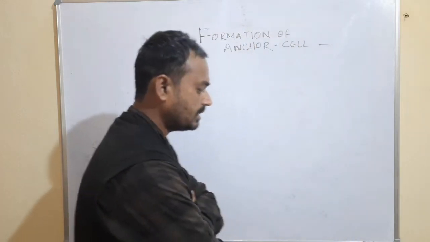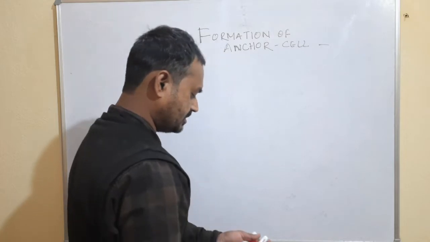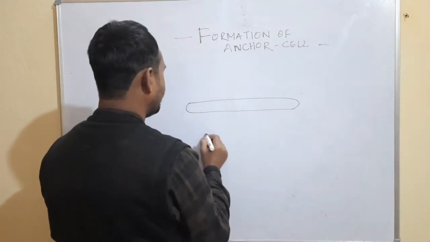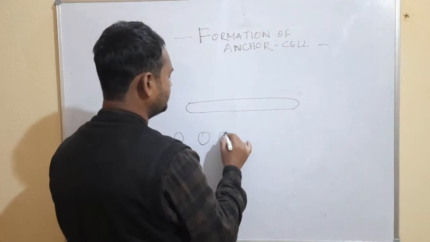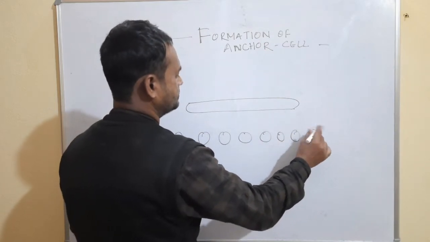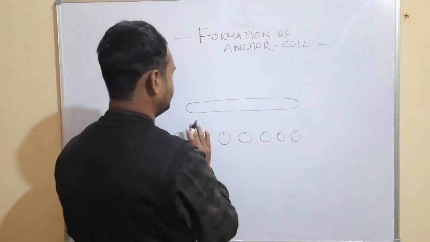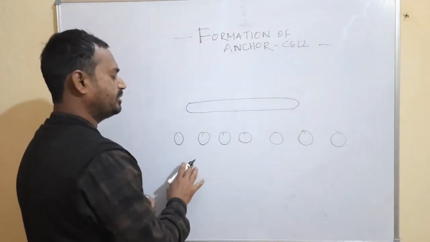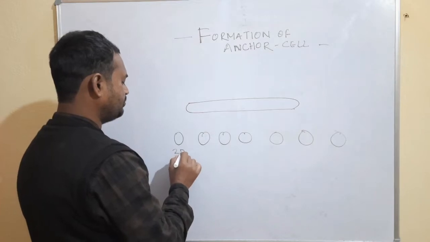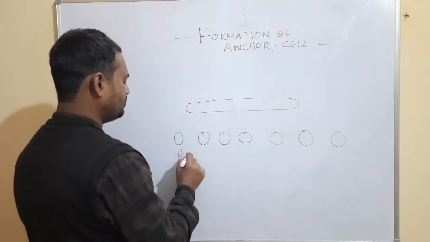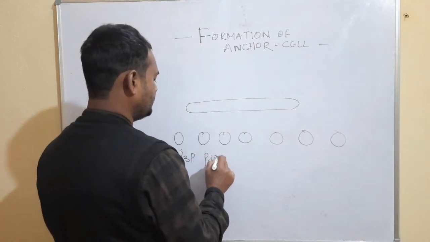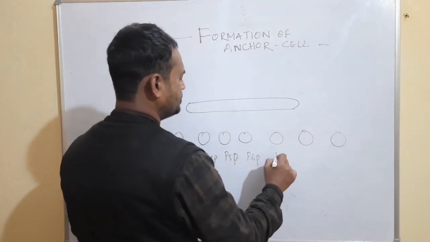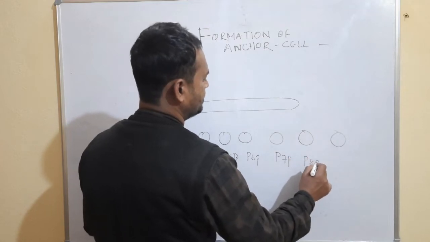In the gonad region there was an anchor cell, and below this there were 6 vulva precursor cells: P3.p, P4.p, P5.p, P6.p, P7.p and P8.p.